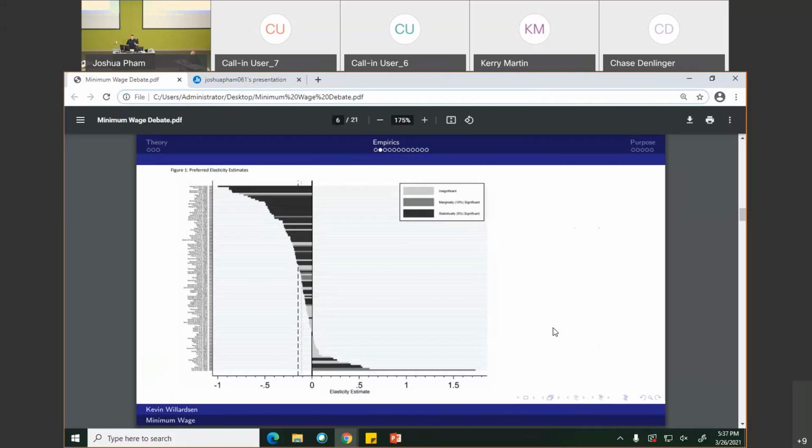It's counterproductive. It's by definition hurting the very group of people that it's stated to help the most. So no matter how you want to look at it, you can throw out the models. That's fine. Let's look at what actually happened. Let's look at the empirical work.